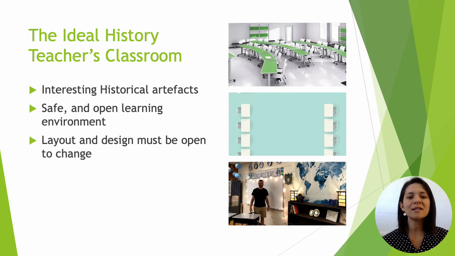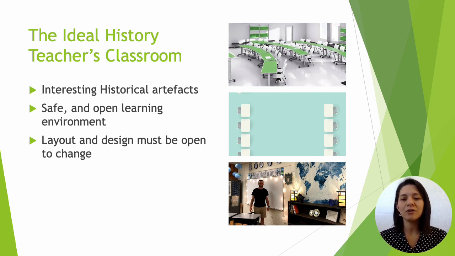The layout and design must be open to change, unless you are working at a school where everything is fixed to the floor, the tables and the chairs. Be flexible with your layout. If you are doing group work, you can orientate the desks and the chairs to suit that agenda. If there is an assessment, rows work better, so you could lay out your desks in rows.